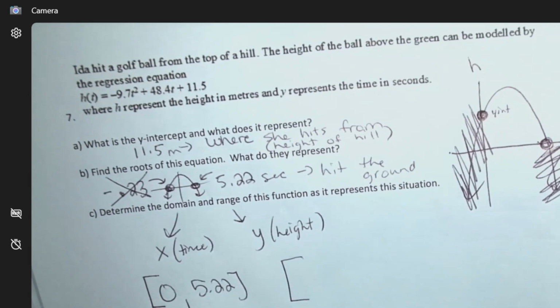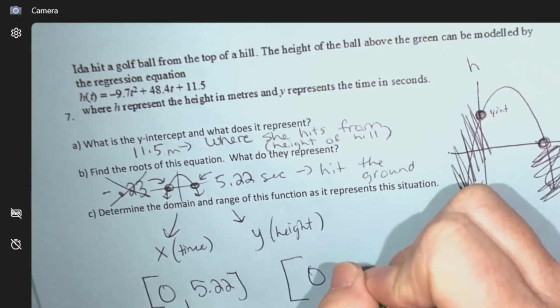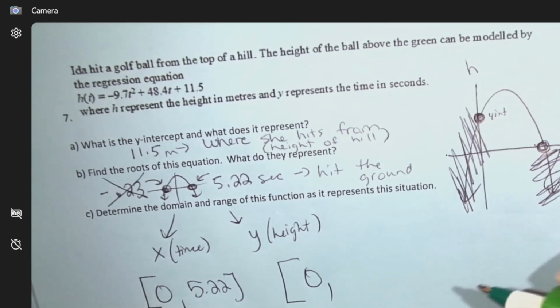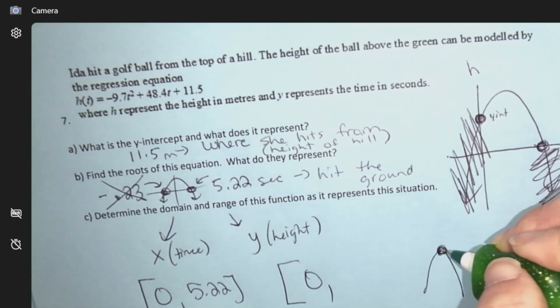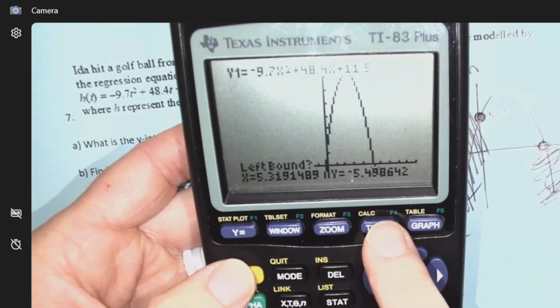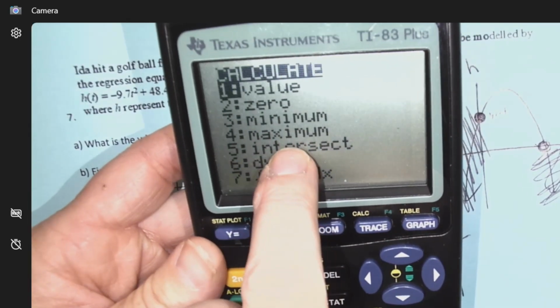Height. The lowest height I can be is on the ground. The highest height, well, I actually don't have this number because I need this value. What's the highest it goes up to? So I'm going to go second calculate.